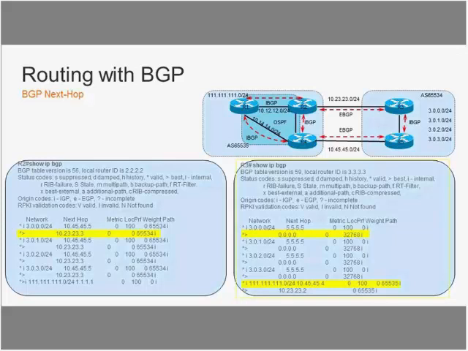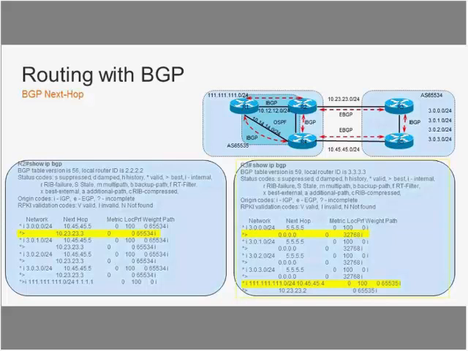Like I said before, since there are 2 paths over here, you will see one path via 10.45.45.5 IP and one path via 10.23.23.3 IP. Okay, and one of them will be chosen the best based on a certain criteria.